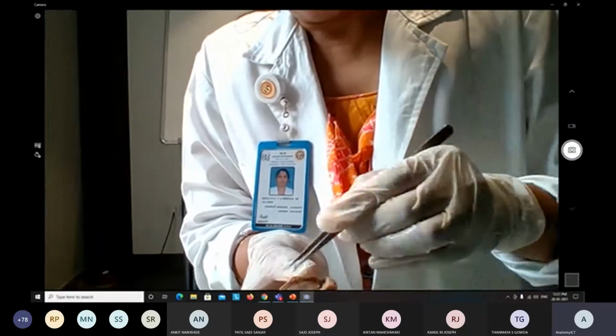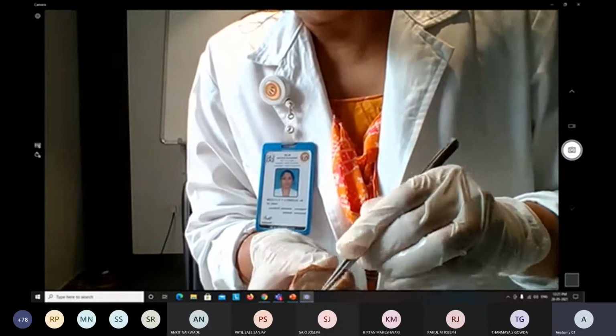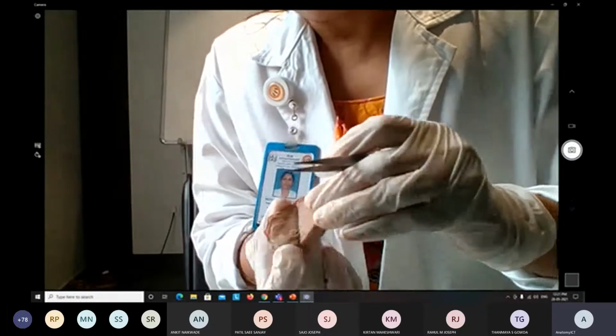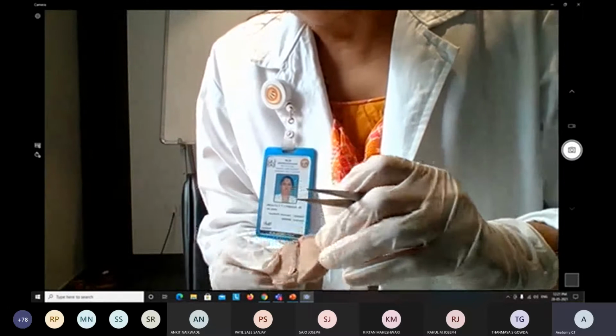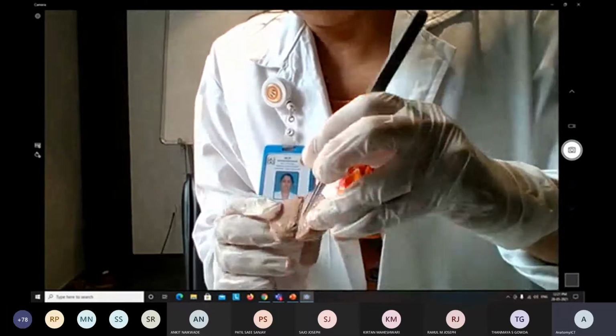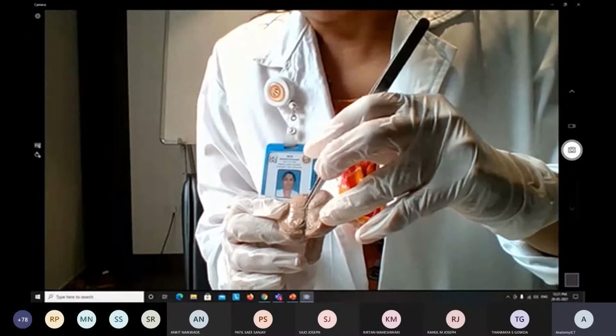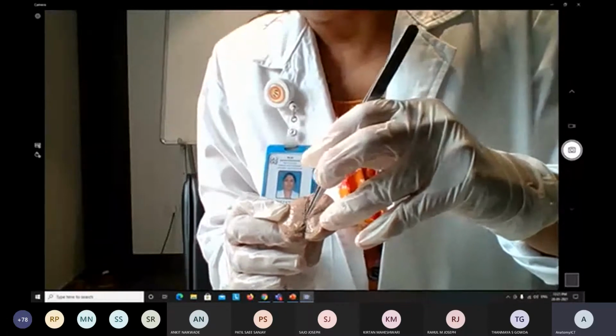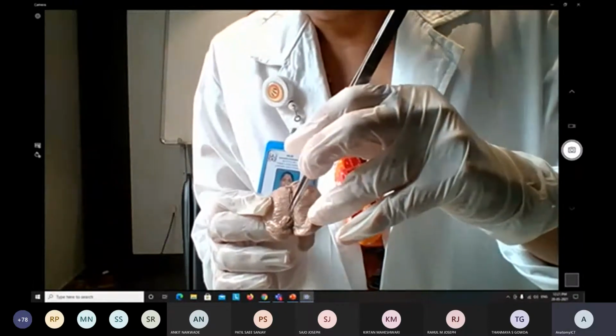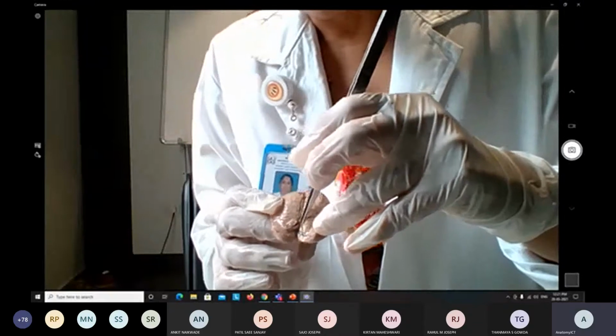Clear? Now, each lobule will be containing the coiled seminiferous tubules. Now, all these seminiferous tubules will end up in efferent ductules. So here you can see these are the efferent ductules. Clear? They are the efferent ductules.